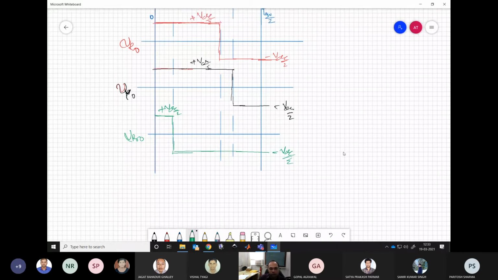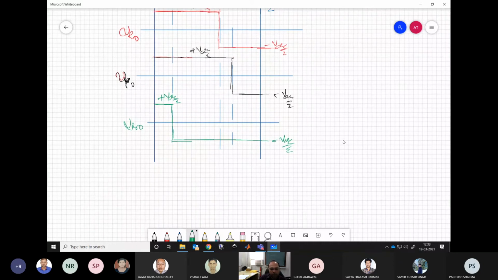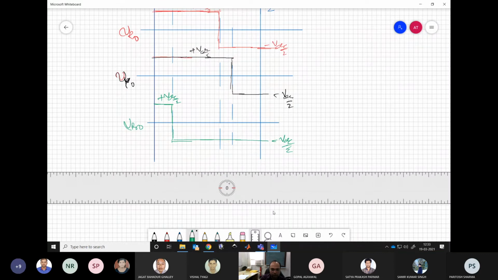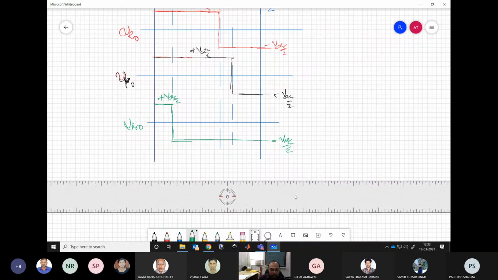Now we can draw our VRN on the basis of these pole voltages. So let me draw it over here.